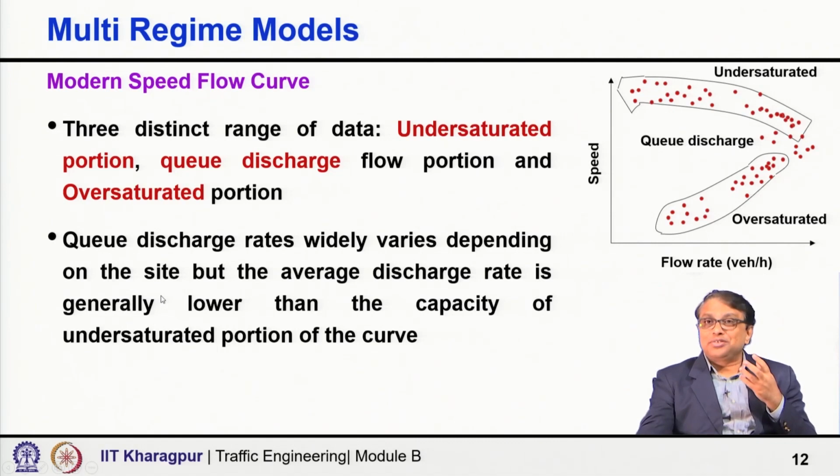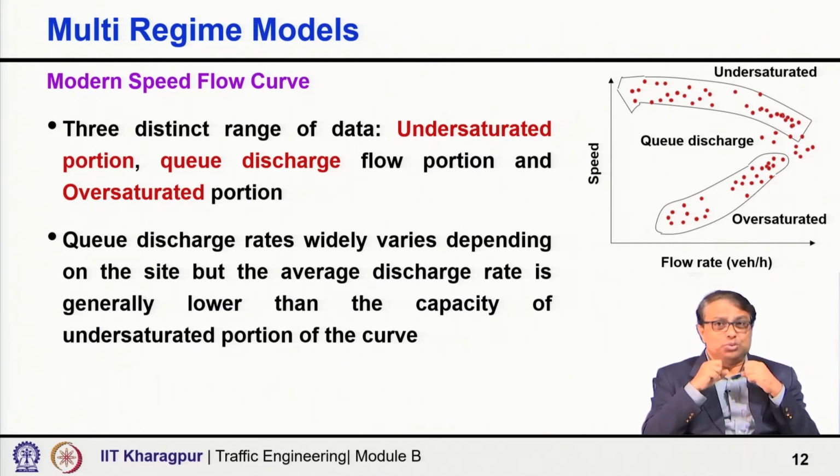but what is observed is an interesting phenomenon. Average discharge rate is generally lower than the capacity of the undersaturated portion of the curve. Suppose you have a bottleneck and suppose its capacity is 2 lane. So, if the demand is exactly up to 2 lane, you are getting actually capacity discharge, exactly say 2 lane.